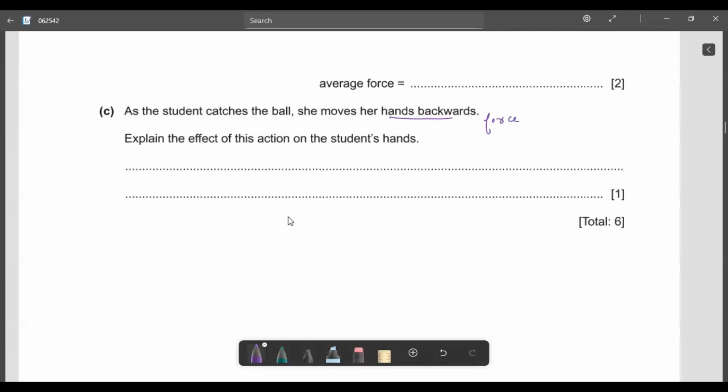So when she's moving backwards, the dissipation of force will be less. The longer the time of contact, the smaller the force. The force acting on her hand will be less. She is less likely to get hurt.